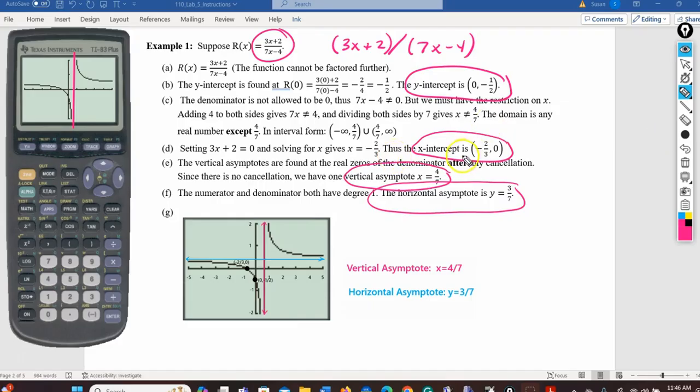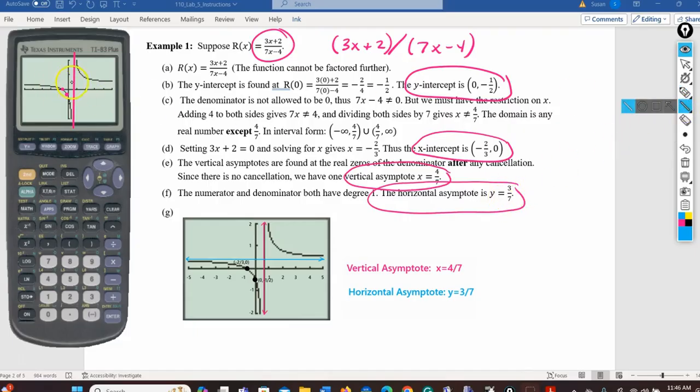Also, we said that we had a y-intercept at -1/2. That looks to be where that's happening, that there would be an x-intercept at -2/3. Certainly from the grid marks, that's proving to be correct. And a horizontal asymptote at y equals 3/7.